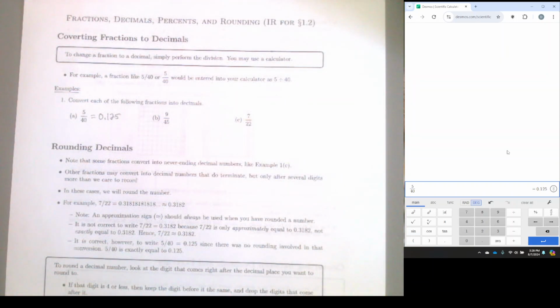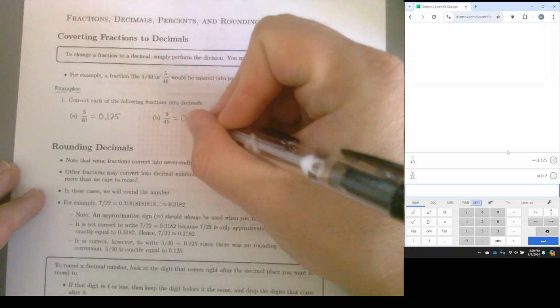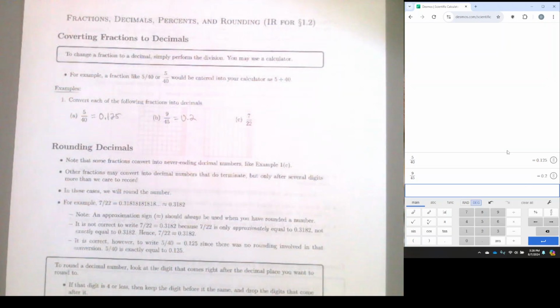Go ahead and pause the video and see if you can do the other two. I'll go ahead and give you my answers. So for the second one, I'm going to do 9 divided by 45, and I get exactly 0.2. And for the last one, I would do 7 out of 22.